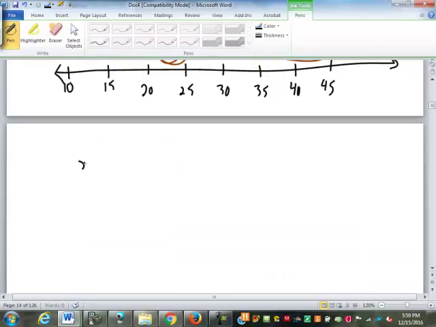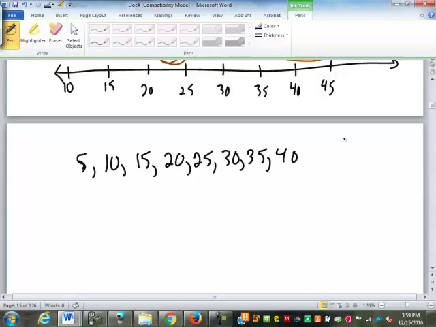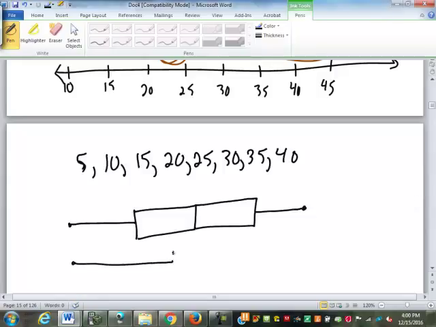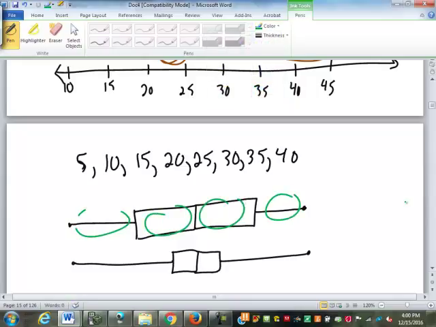So if I give you a data set like this, which box plot would you expect that to be? Expect it to be this one or this one, first or second? The first one, because here each section is the same size.